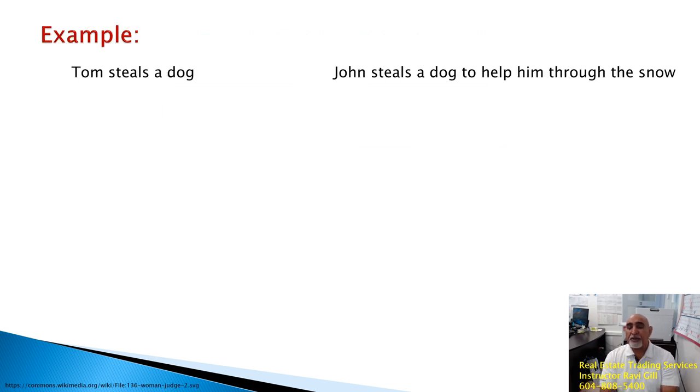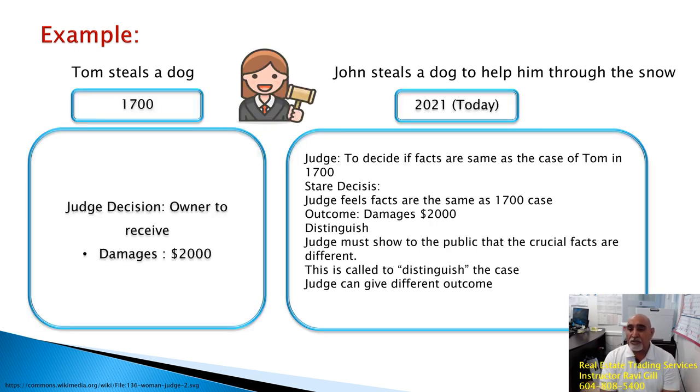So let's take a look at an example. Let's say a long time ago there was a case where Tom steals a dog. And now we have another case, let's say in the year 2021, where John steals a dog, but it's to help him through the snow. Let's say in the year 1700, the judge looks at the case and the judge awarded the innocent person $2,000 for his dog, even though the dog is still sitting in the court.